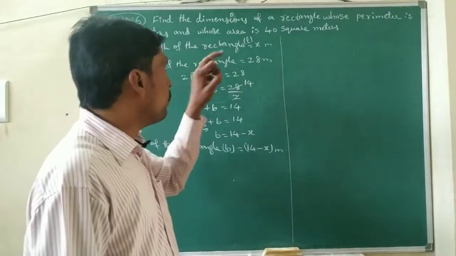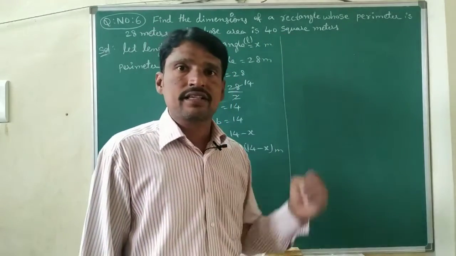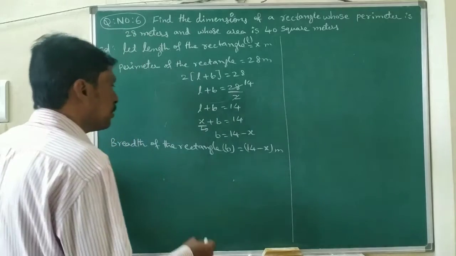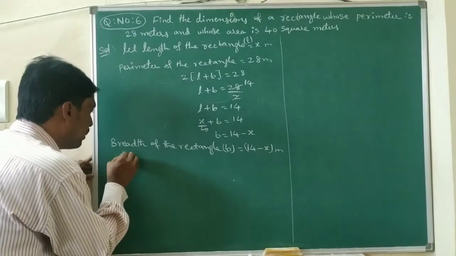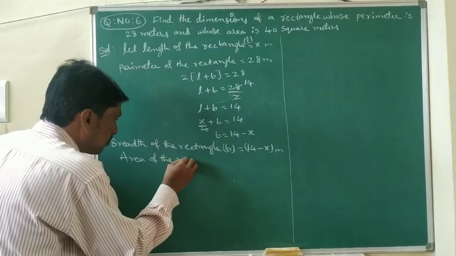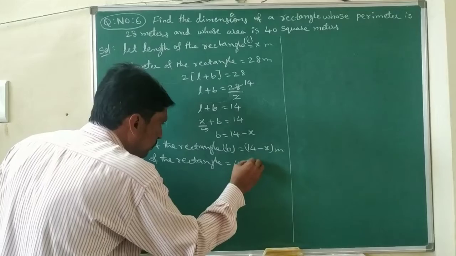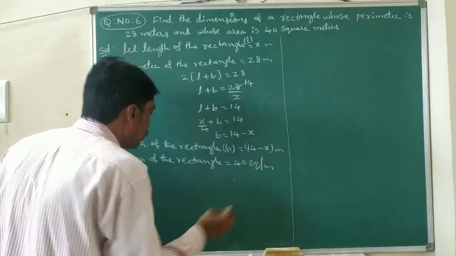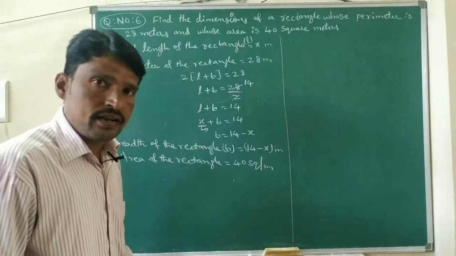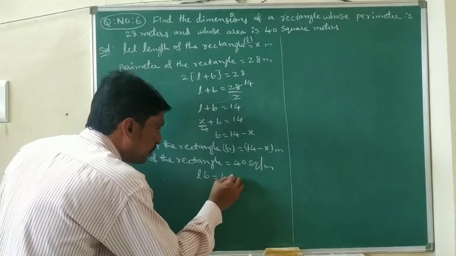Again the area of the rectangle is given by 40 square meters. So the area of the rectangle equals 40 square meters. What is the area of the rectangle? L into B. So L into B equals 40.